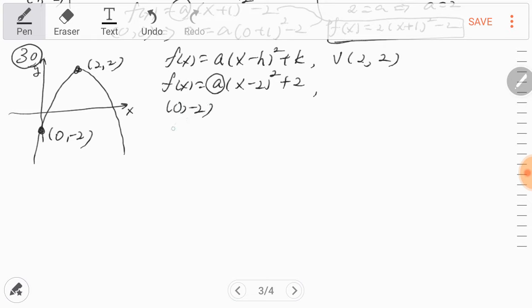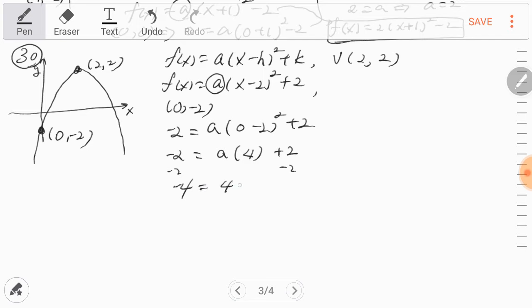So y equals -2 when x equals 0. So -2 is equal to a times -2 squared, which is +4. So -2 on each side, and -4 is equal to 4a. Divide each side by 4, so a equals -1.